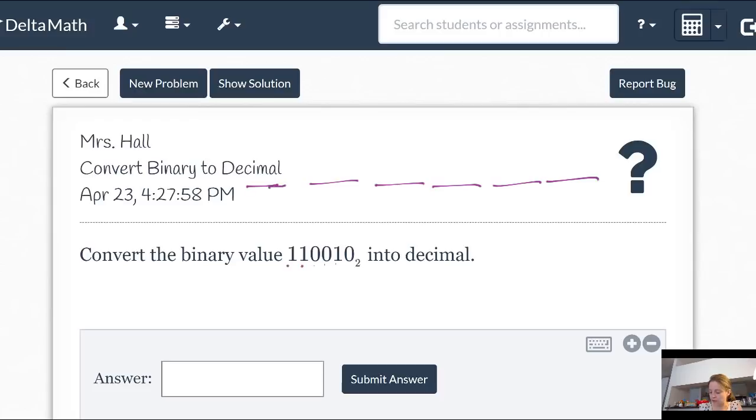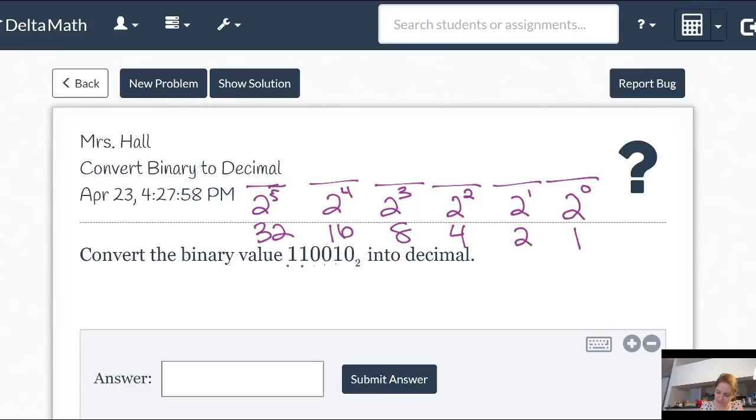I know that all numbering systems start to the 0 power and go up. So it is 2 to the 0 all the way to 2 to the 5th, which is 1, 2, 4, 8, 16, 32. Now let me fill in.